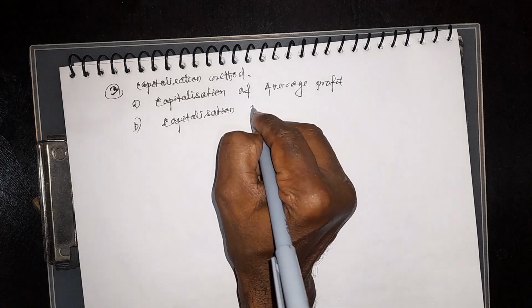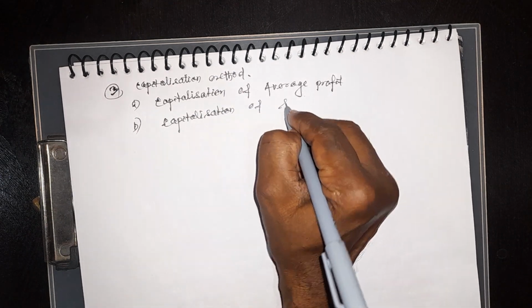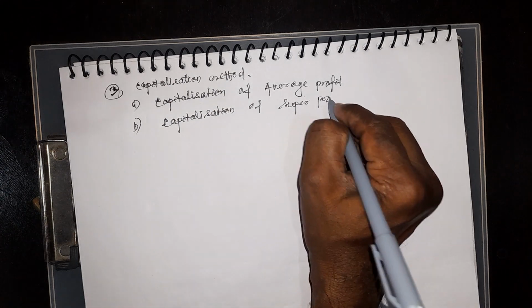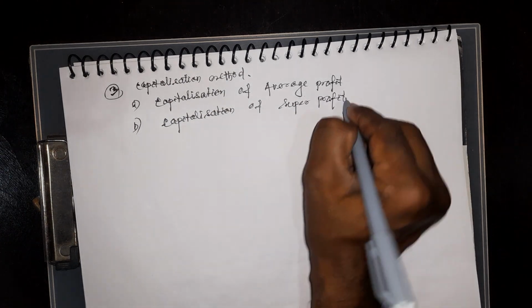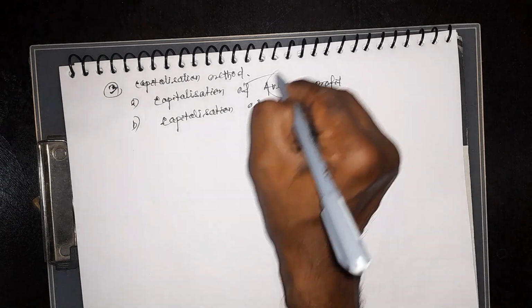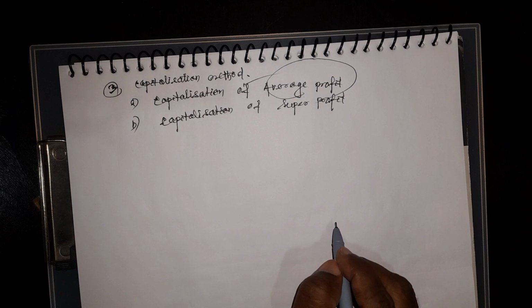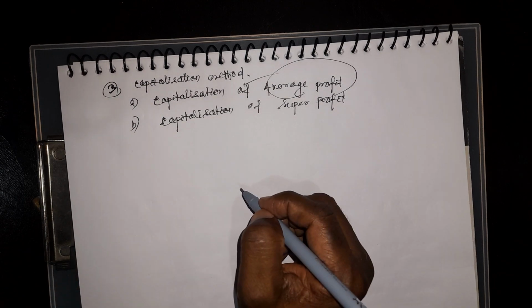So under this method, as already written, capitalization of average profit: the average profit you will calculate, or it may be given in the question.